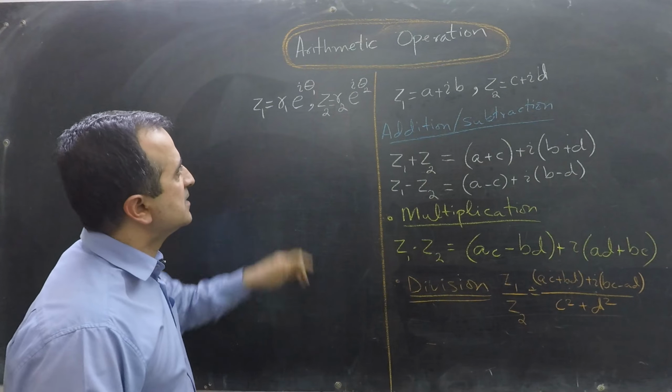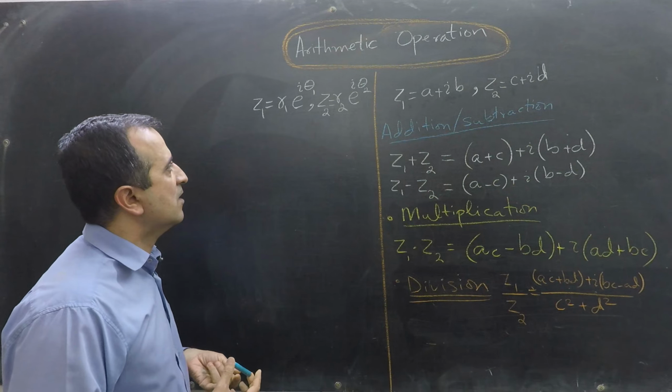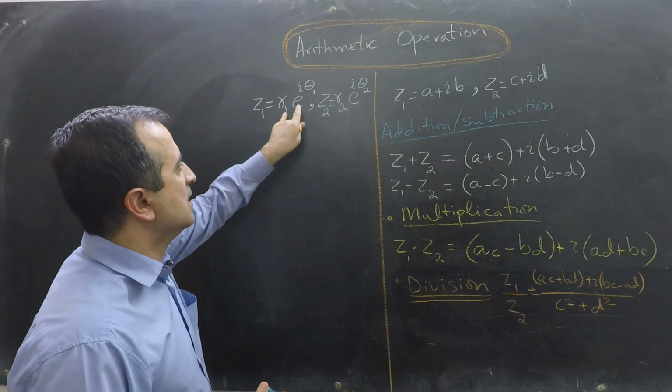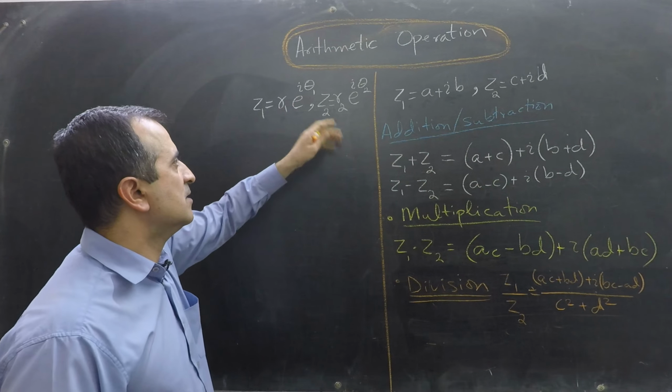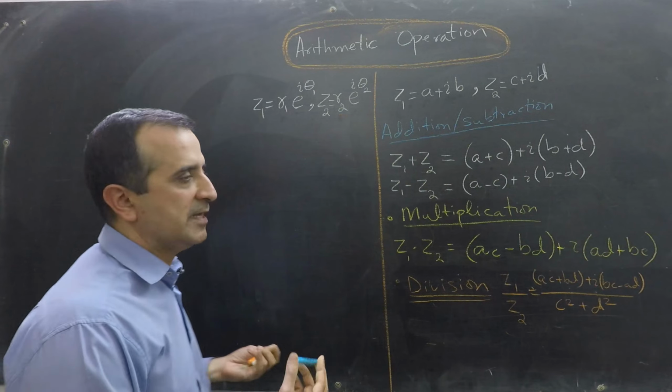Addition and subtraction in this case are not much interesting, because we will only have a plus sign between r1 Euler constant raised to power iota theta 1 plus r2 Euler constant raised to power iota theta 2.